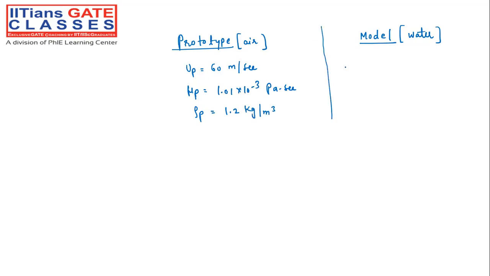If you take the model, U of model, the velocity of the model, has not been given. There is some purpose why they have not given it. Now, mu of M is 1.86 into 10 power minus 5 Pascal second, given in the problem. Rho of model is 1000 kilogram per meter cube.